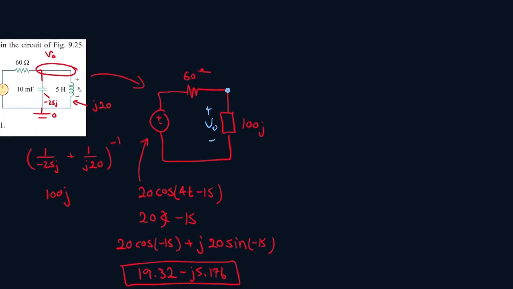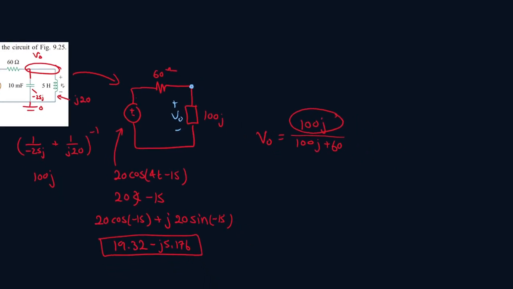So now to find VO, we're just going to do some voltage division. It'll be 100j, since these are in series, 100j all over 100j plus 60. Sorry, just 60, my bad. So this on the top, that's the voltage we're trying to look for, and then we add up all the other impedance values, and then we multiply it by our voltage source.